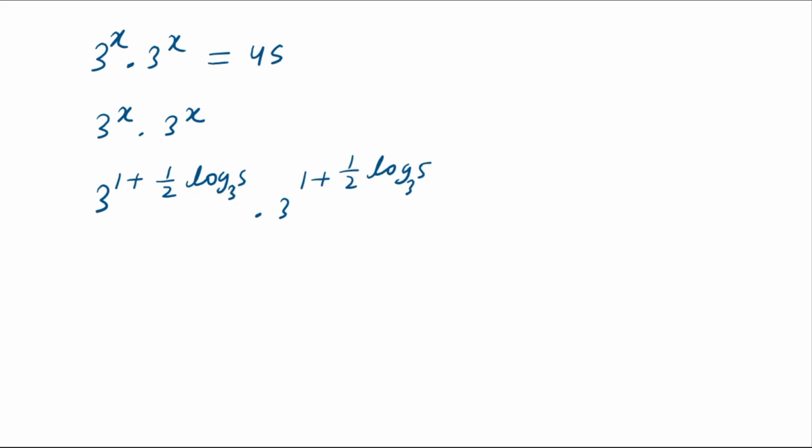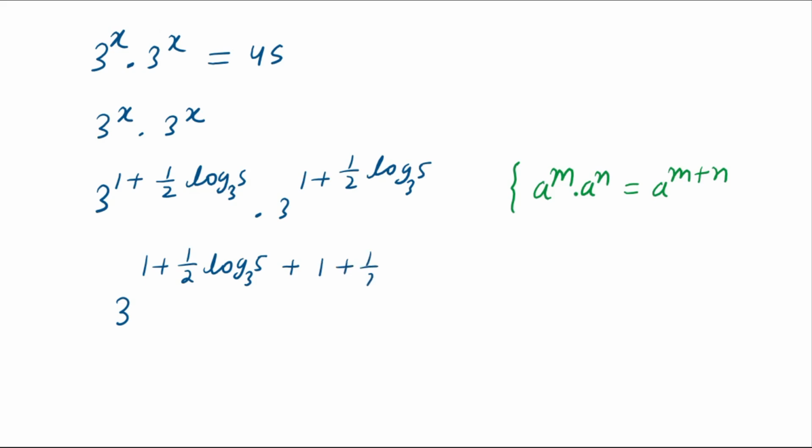Now here we will apply this rule: a power m times a power n is equal to a power m plus n. If we apply this rule on the left hand side, then you can say 3 power 1 plus 1 half log 5 with base 3 plus 1 plus 1 half times log 5 with base 3. Then 3 power 1 plus 1 is 2, plus 1 half log 5 with base 3 plus 1 half log 5 with base 3.